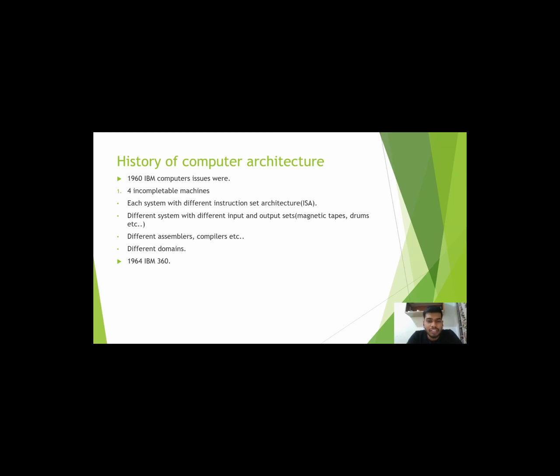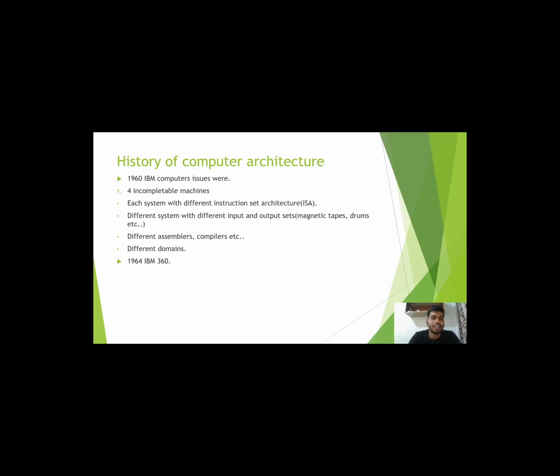Each had its own instruction set architecture, I/O system, and secondary storage like magnetic tapes, drums, and disks, each with different assemblers, compilers, and libraries, and different market niches like business, scientific, or real-time implementations.